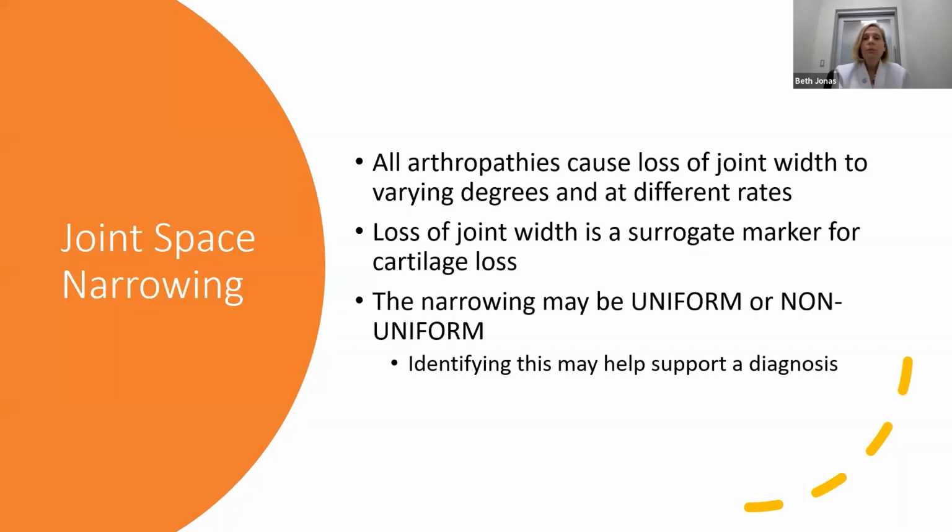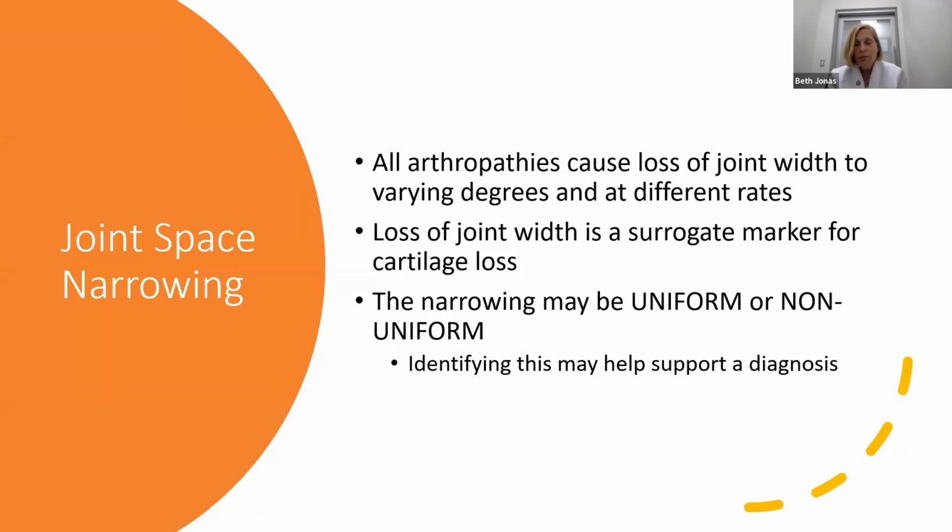So next we're going to move to joint space narrowing. All arthropathies pretty much by definition cause loss of joint width to varying degrees and at different rates. And remember that when we talk about the joint space on a plain radiograph, what that basically means is the amount of cartilage in between the opposing bones in a particular joint.